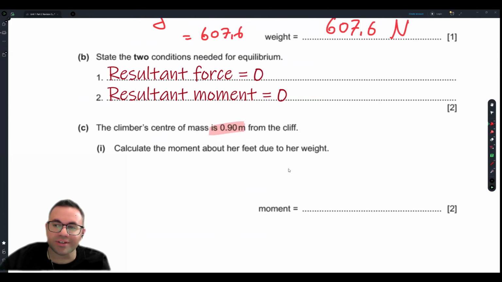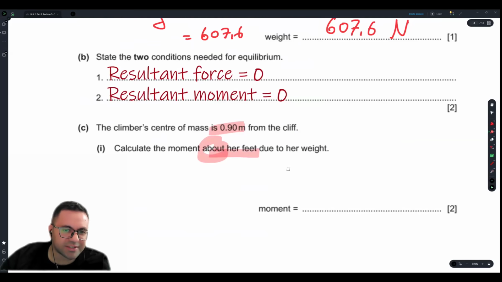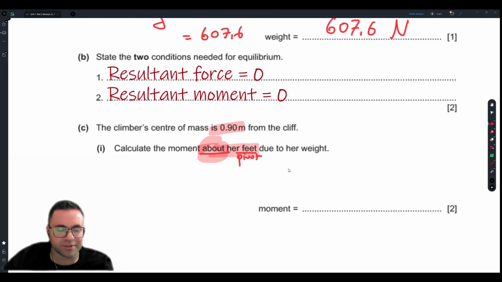Calculate the moment about her feet. The word about something means that is the pivot. That is the pivot. About her feet due to the weight. So moment is equal to force times distance. So it's 608 or 607.6 times 0.9.